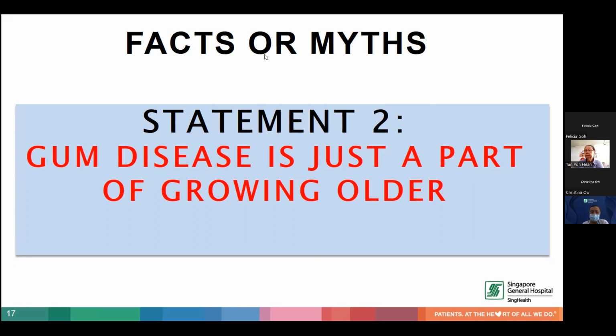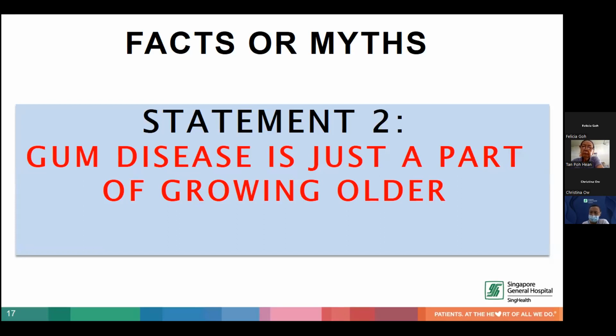Well, you can imagine after that what will happen. The teeth may eventually become loose and have to be removed. Yes. The good news is that gum disease can be prevented. It does not have to be part of growing old. Not all, at every age, if they don't look after their gums, it will actually become a disease.